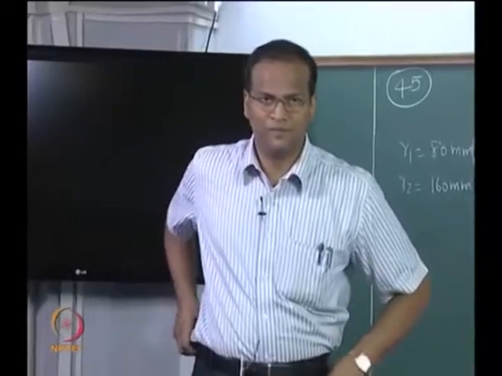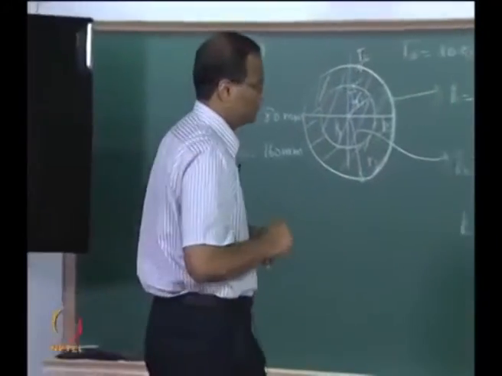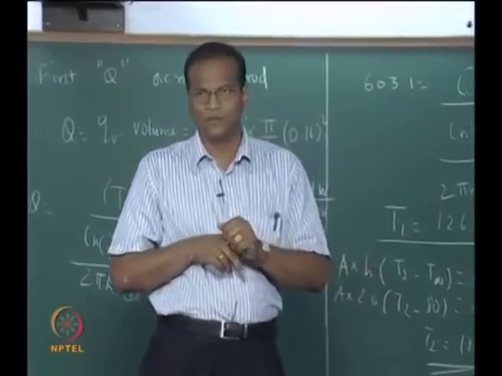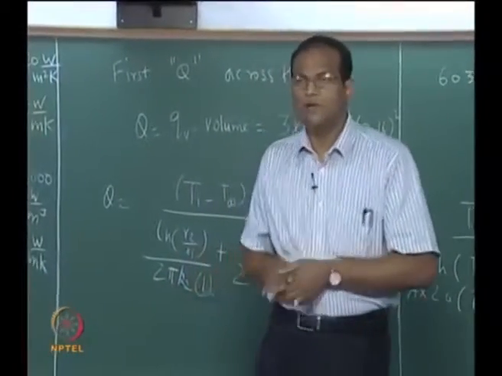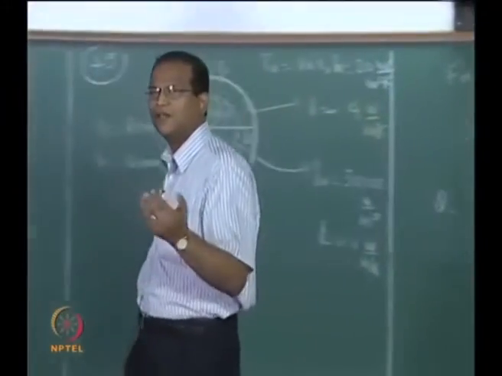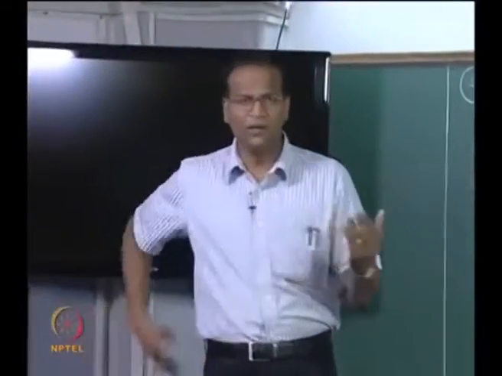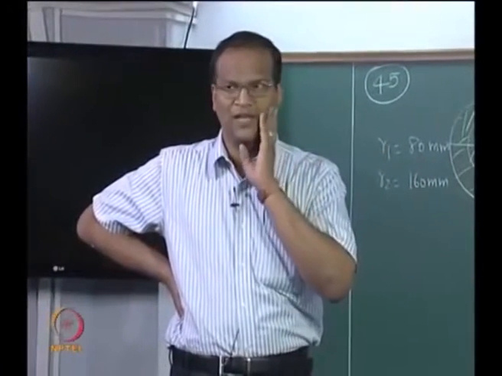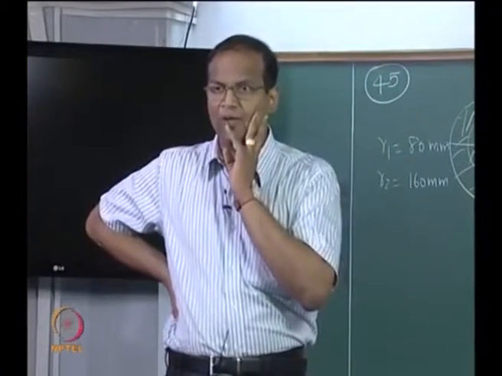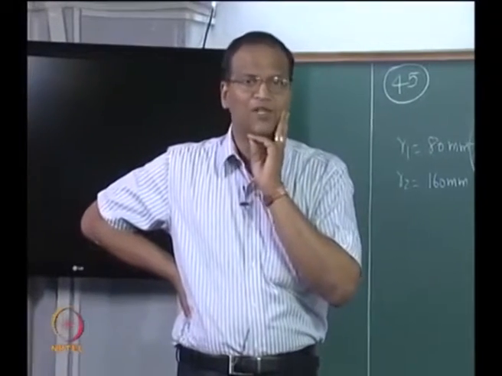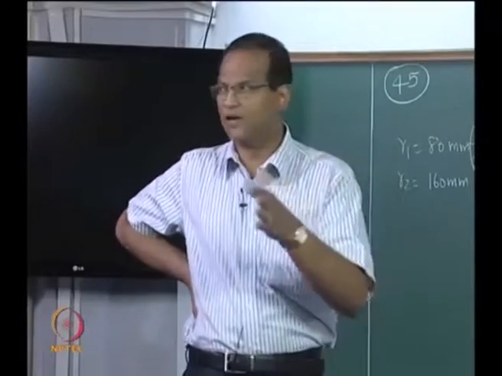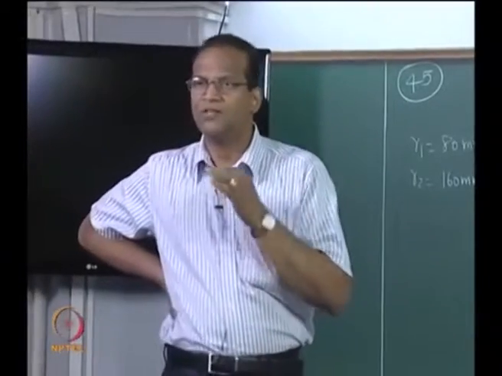Okay. If you have to solve the equation and solve individually for the inside, outside and all, that will be much more difficult, much more involved. It is a very intelligent way of solving it, that is using the electrical resistance network. So the resistance network we are able to use even in a problem where there is heat generation, because from the heat generation we are able to calculate the heat flux or the heat transfer rate and proceed further.